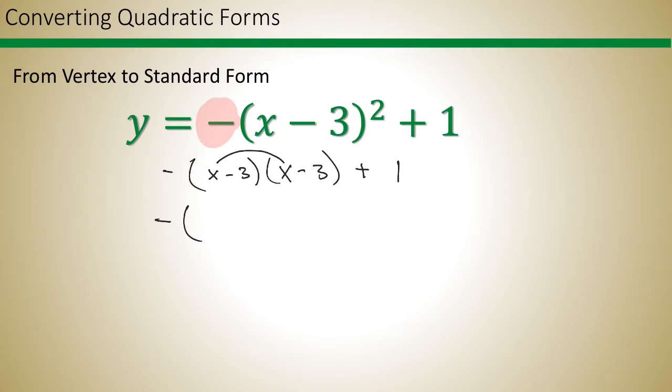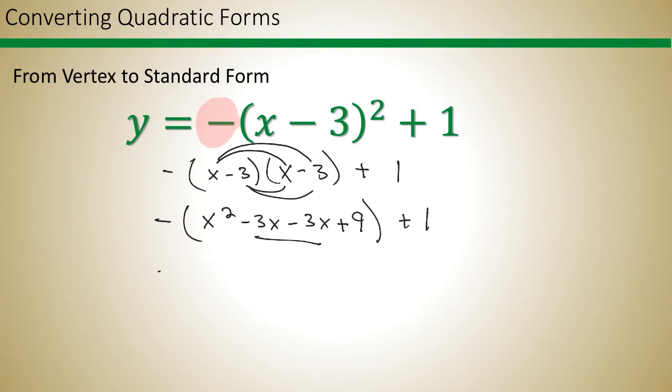So x times x, that's going to be x squared. x times negative 3 is negative 3x. Negative 3x again. Negative 3 times negative 3 is a positive 9. And then plus 1. So let's combine these like terms here. So negative x squared minus 6x plus 9 plus 1.